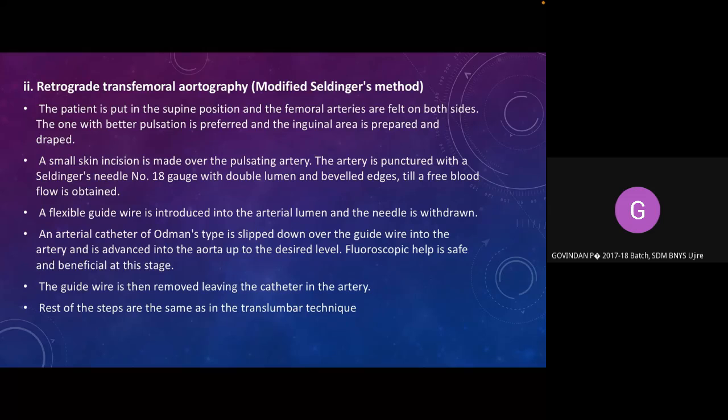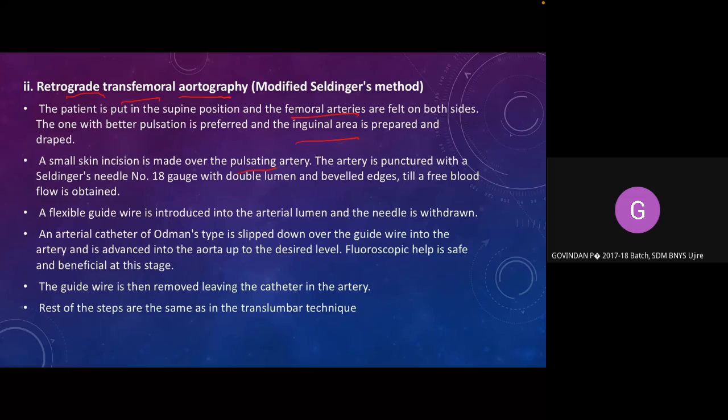We have seen retrograde transfemoral aortography. We have also seen retrograde barium enema, where we put barium through the rectum and later take images. Here we go through the femoral artery, and the inguinal area is prepared and dried, that is, cleaned with betadine, and a small incision is made over the pulsating artery and punctured with the needle.